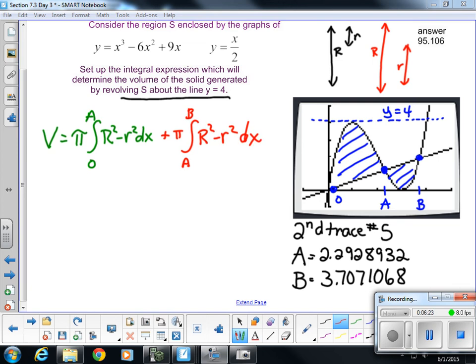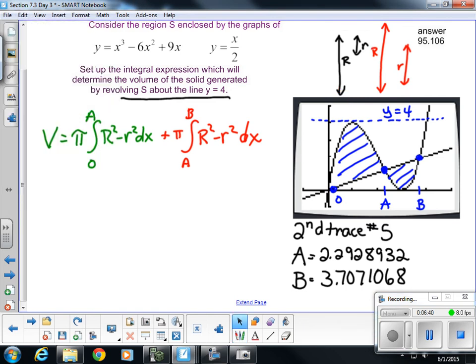We need to figure out what r and r are. That's a lot of r's. So for the first one, we're going to measure the radius between the y equals 4 line down to the line. So this big R, I should actually write this in green.